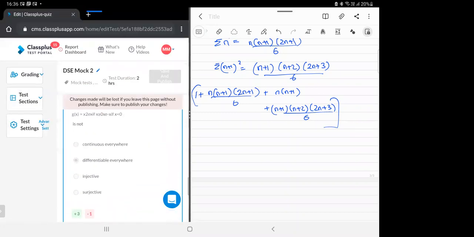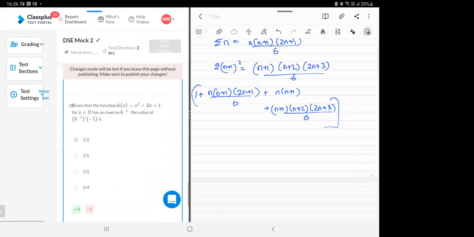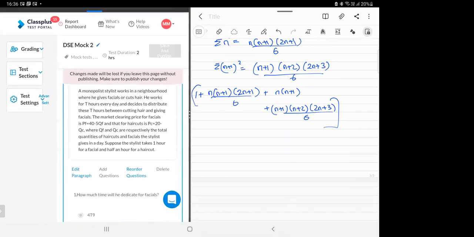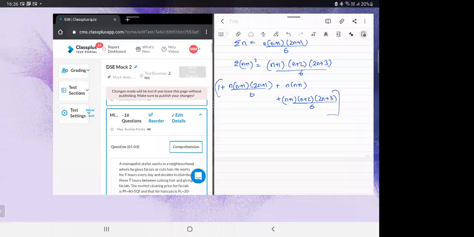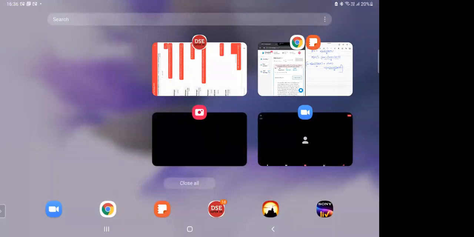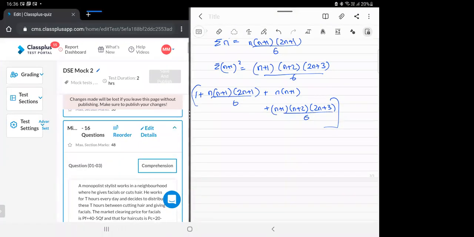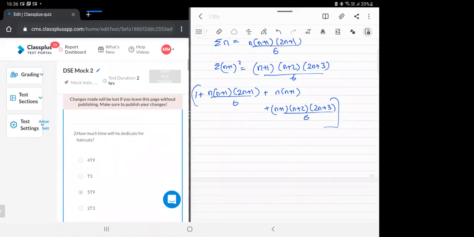Okay, 1 to 12. It's the haircuts question.